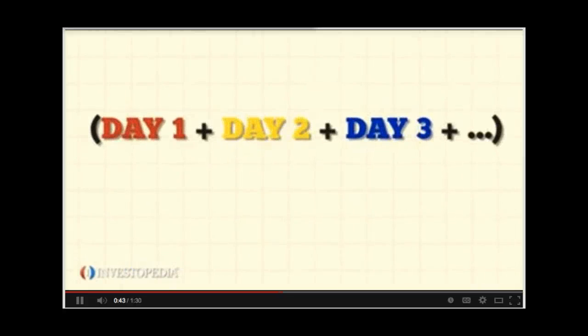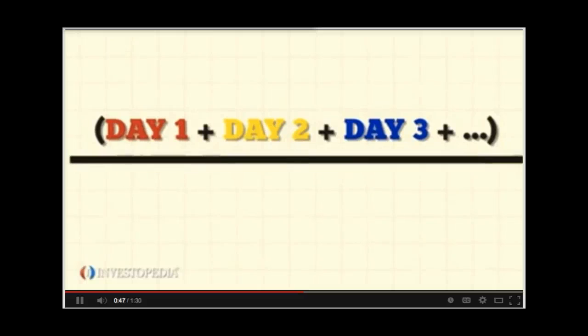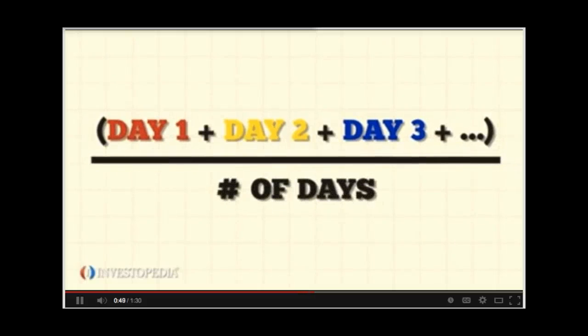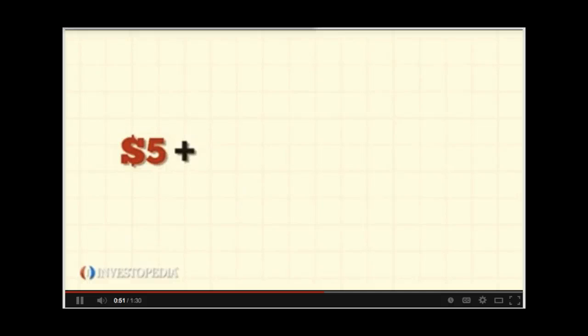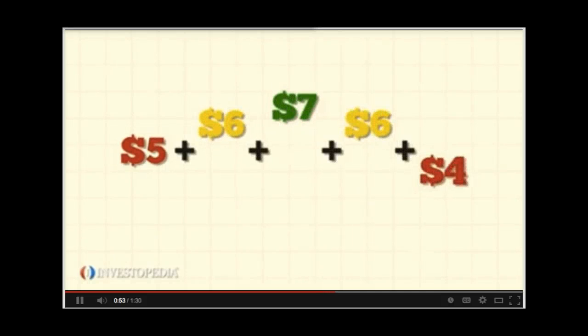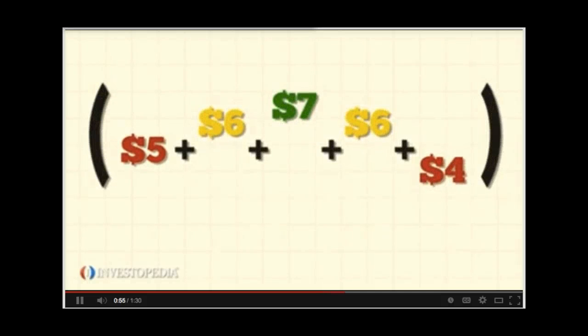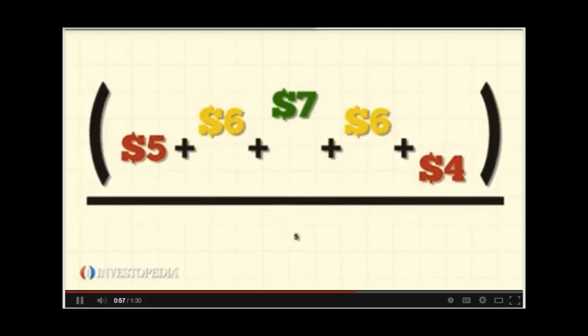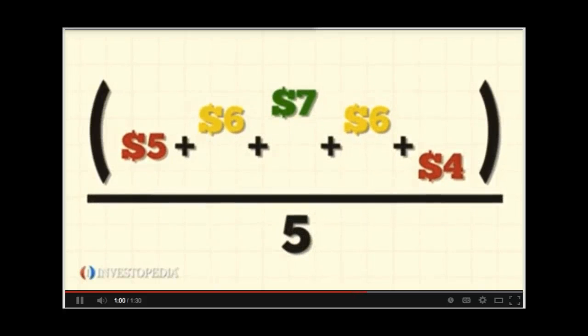Moving averages are calculated by adding up the previous X number of periods and dividing that sum by the total number of periods. For example, a 5-day moving average is calculated by totaling the previous 5 days' price data and dividing by 5, a simple arithmetic mean.